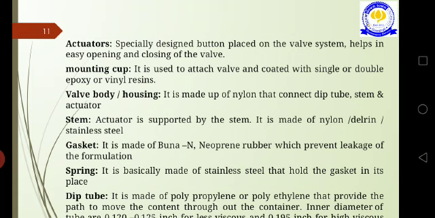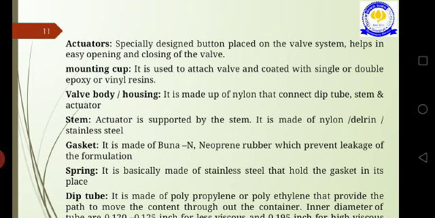The spring is basically made up of stainless steel that holds the gasket in its place and facilitates the gasket to perform well. And the dip tube is made up of polyvinyl and has a narrow diameter through which the content can move from bottom to top when pressure is given.